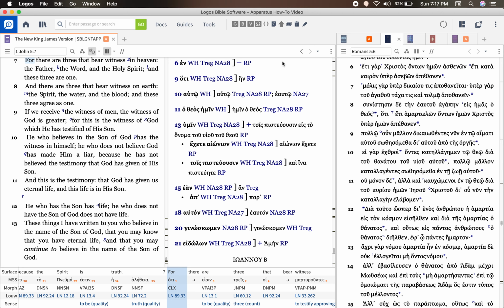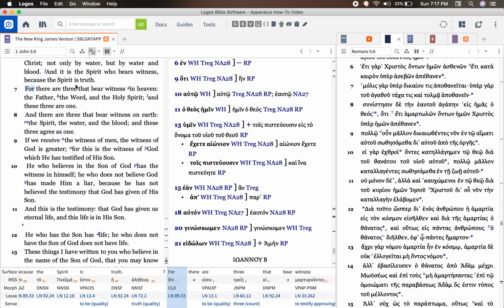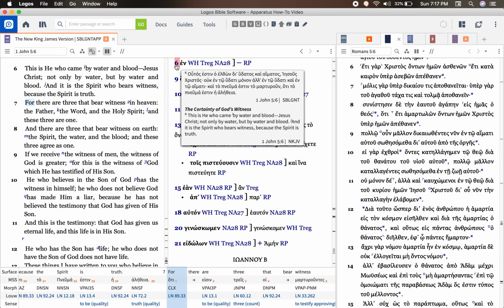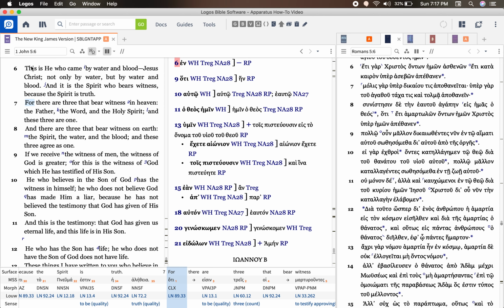It's fairly simple to read, and let's go over it one more time. The base text, starting in verse 6, you have this word here in verse 6 in 1 John chapter 5. You have the word in, the preposition, which is the base text.